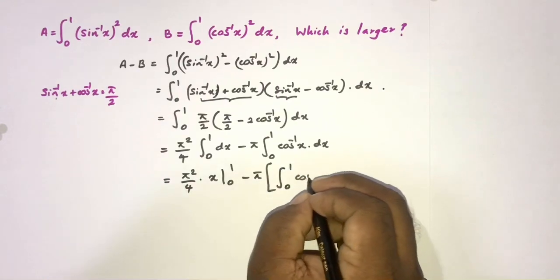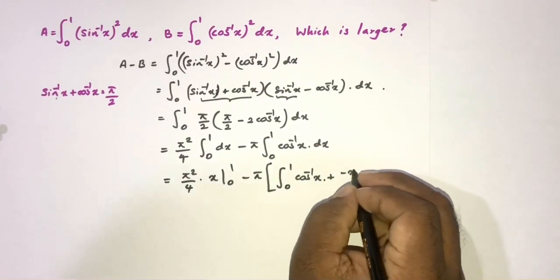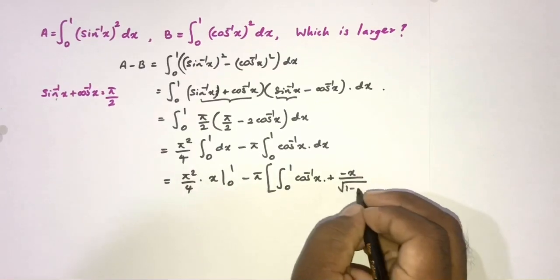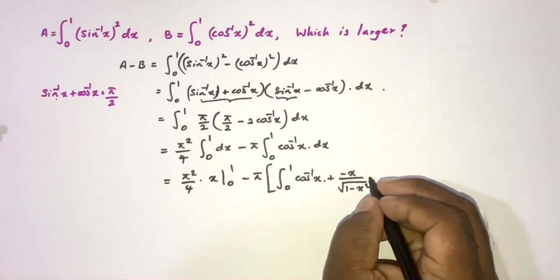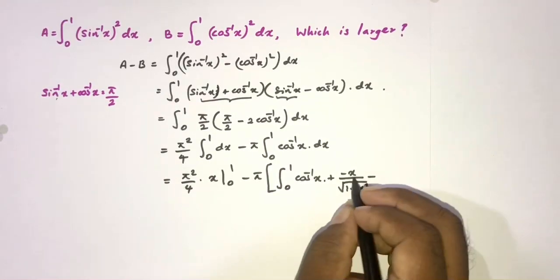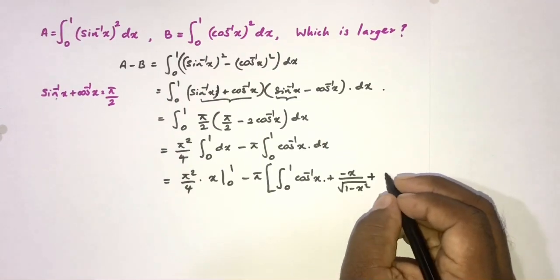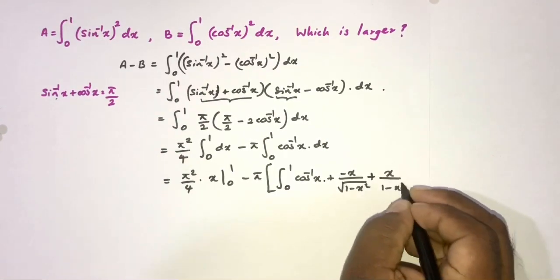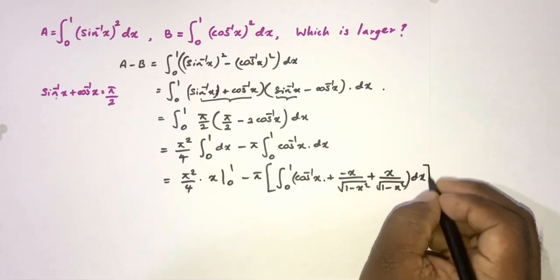I am going to write inverse cosine of x minus x over the square root of 1 minus x squared. I subtract this part, so we should add x over the square root of 1 minus x squared dx.